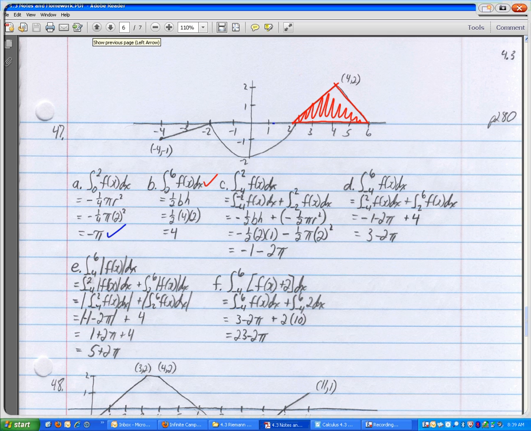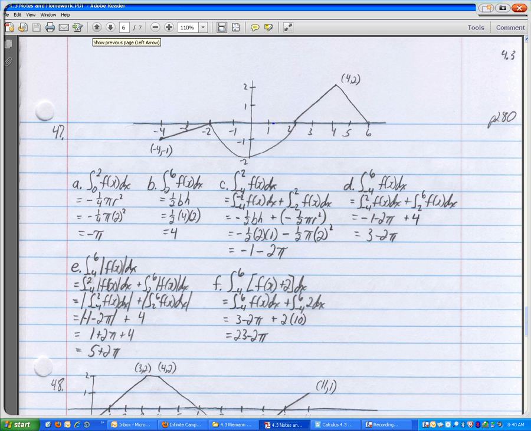And it really is a triangle this time. So that's 1/2 base times height. The base goes from 2 to 6, so the base is 4. The height, well, they tell us the coordinates of that point are (4, 2), so the height is 2. So 1/2 times 4 times 2. Still with me so far?